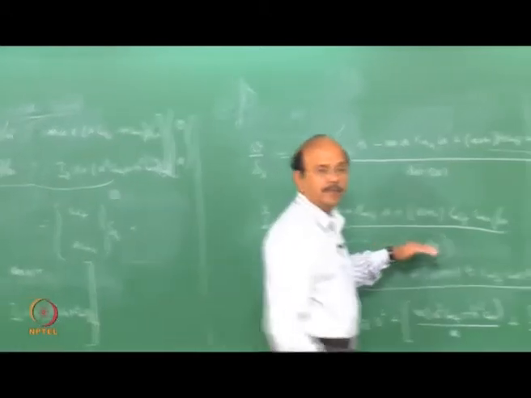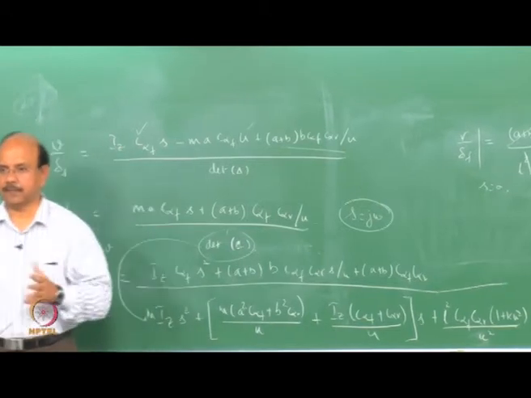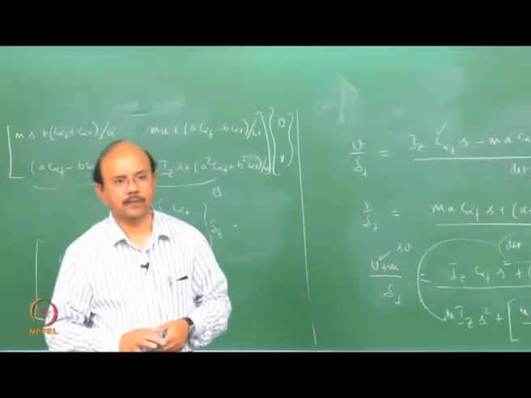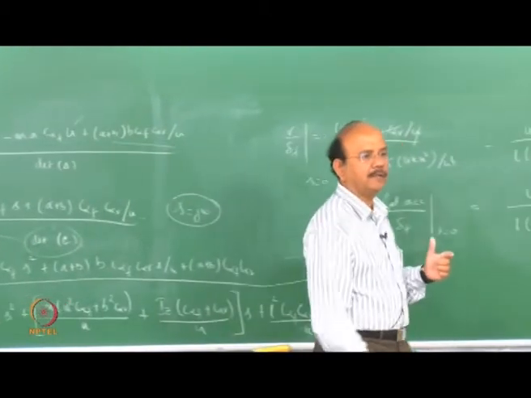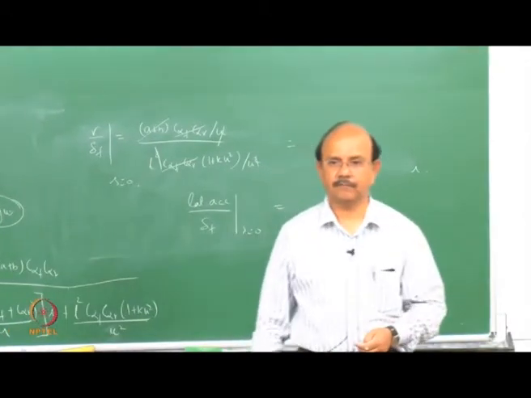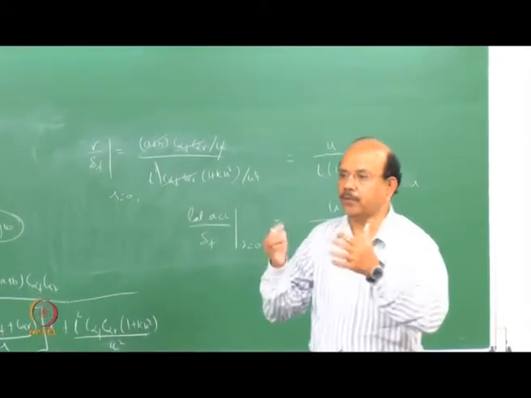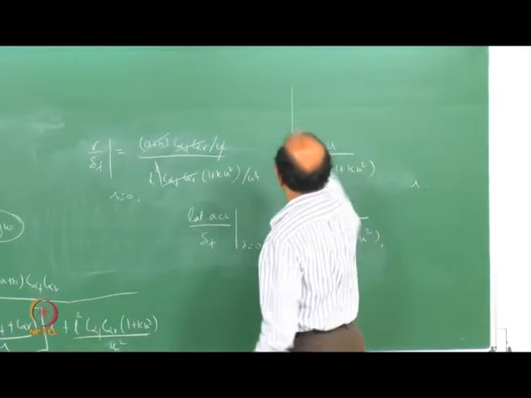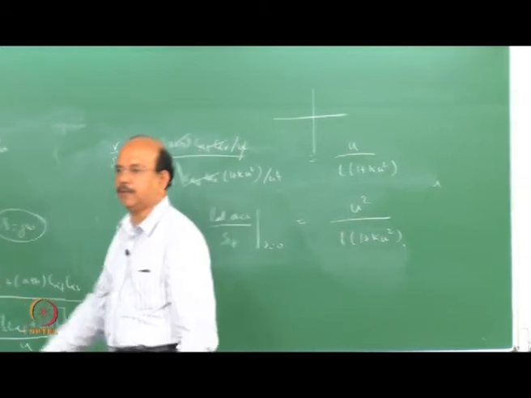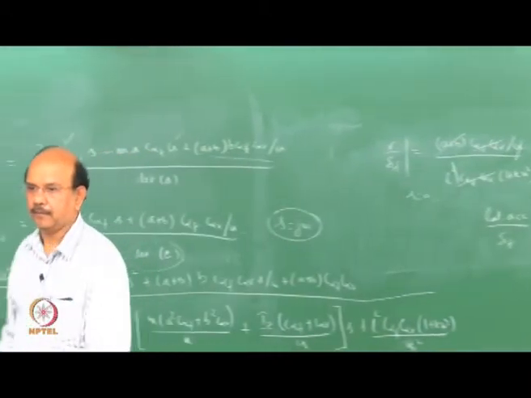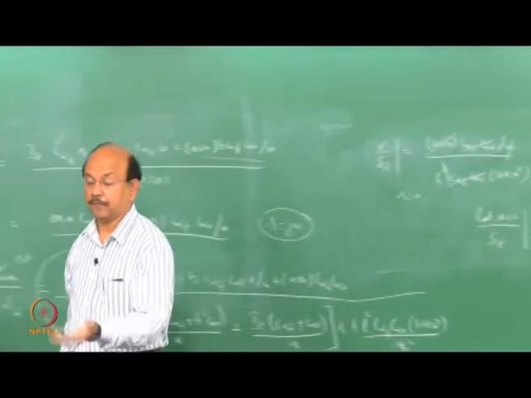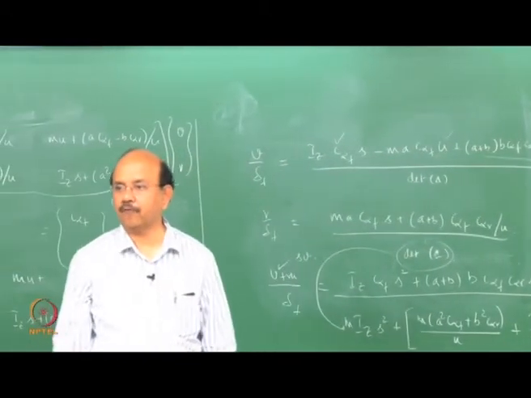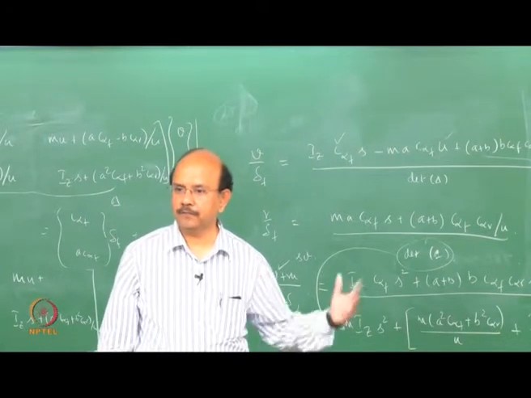I'm just recollecting what you did in your earlier class on controls. Remember also that poles had an important role to play in the stability of the system. So what you did was to plot in the S-plane, and you were always worried that the poles should lie in the left half plane of the S-plane.